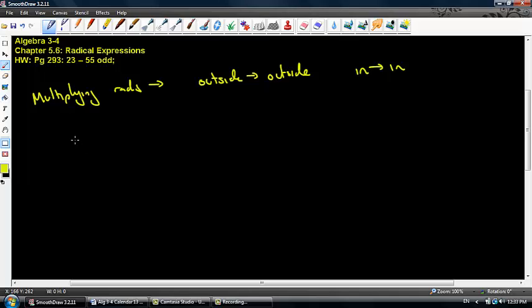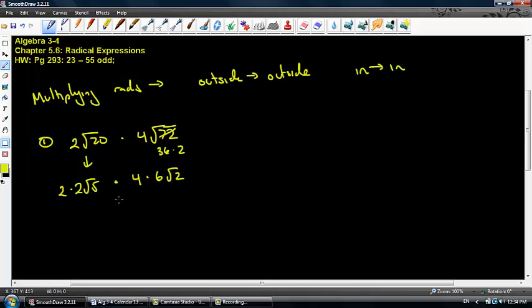If I was to say do 2 rad 20, this is example 1, times 4 rad 72. Well, I can go ahead and multiply 4 times 8, but for me to have to multiply 20 times 72 and then reduce it, that's just kind of nasty. So I'm going to reduce first. I'm going to say 2 times 2 rad 5 times 4 times, let's see, 72 is really 36 and 2, so that would be 6 rad 2.